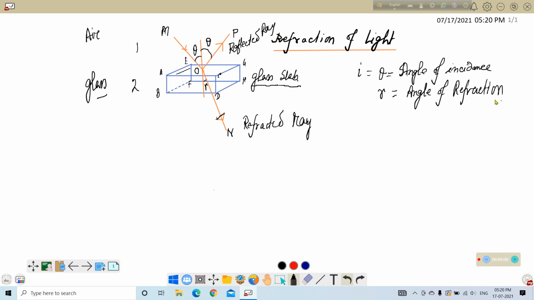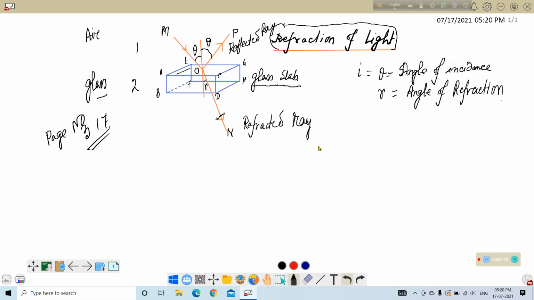In the NCERT book, this section has been discussed on page number 317, and there this angle is taken to be I. There are two rules or laws related to refraction of light.